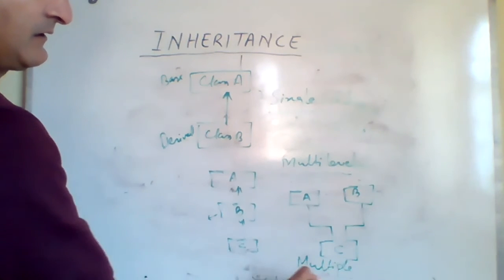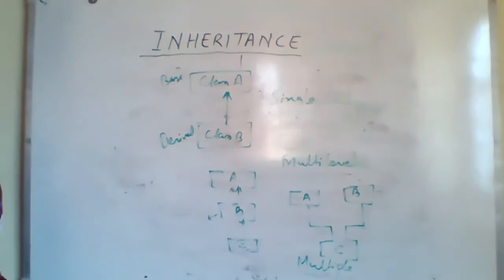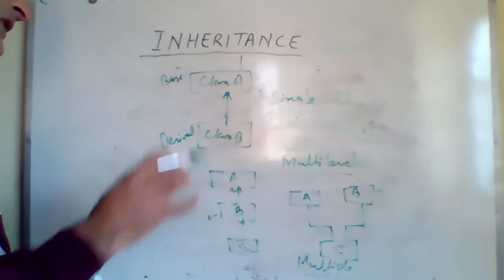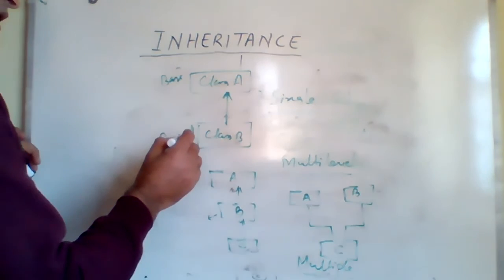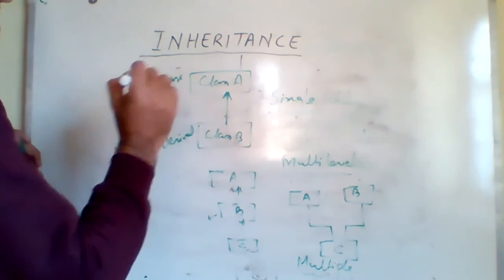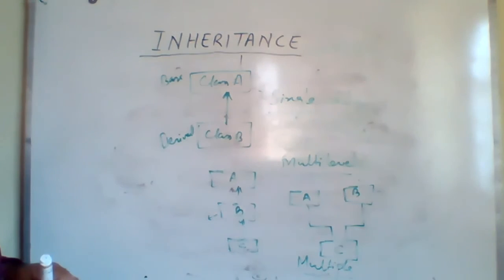Besides these, there are some other types of inheritance wherein we have hierarchical inheritance and hybrid inheritance, but for the time being, we have to learn only these three. So the next thing which comes in this topic is how the derived class inherits the features of the base class.